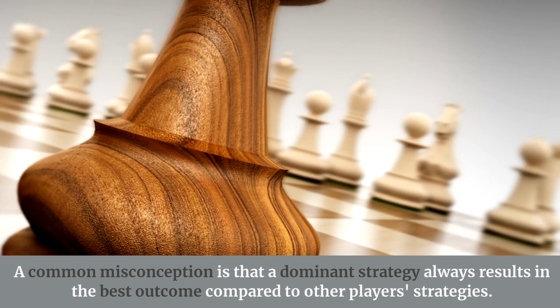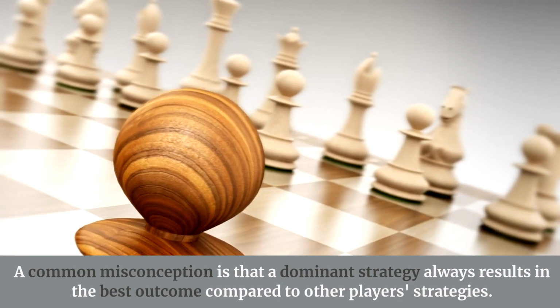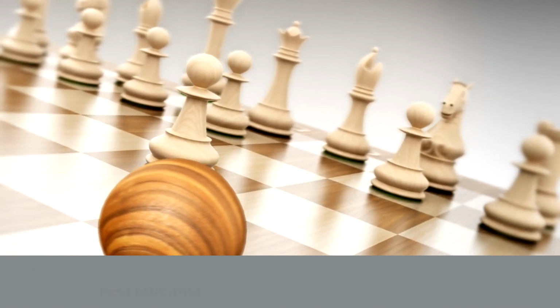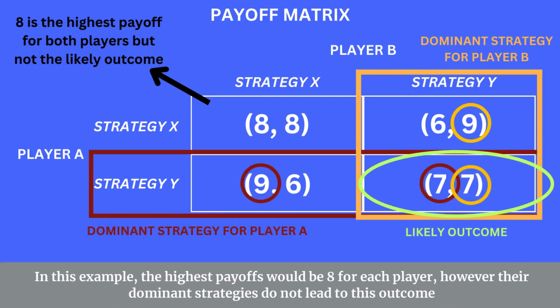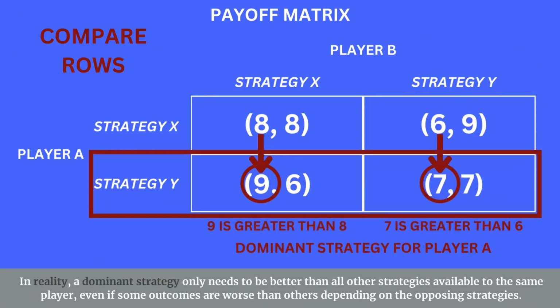A common misconception is that a dominant strategy always results in the best outcome compared to other players' strategies. In this example, the highest payoffs would be 8 for each player, however their dominant strategies do not lead to this outcome. In reality, a dominant strategy only needs to be better than all other strategies available to the same player, even if some outcomes are worse than others depending on the opposing strategies.